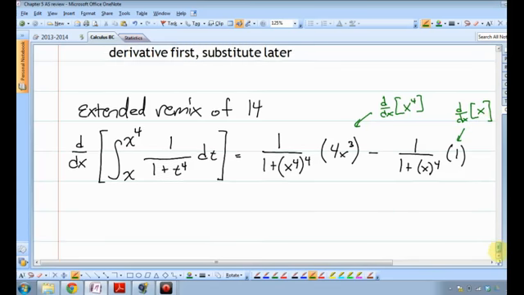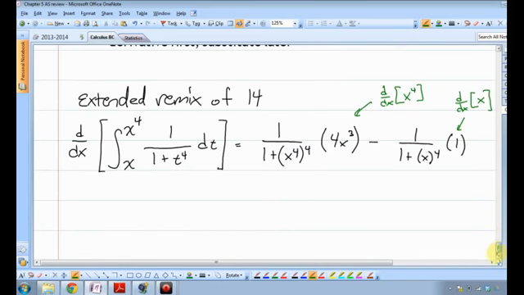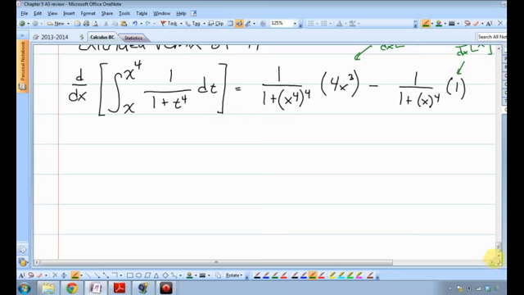Why do you take the derivative of those? That's part of a longer explanation than I think we need to do right at this point. So that is 4x cubed over x to the 16th plus 1, minus 1 over 1 plus x to the fourth.